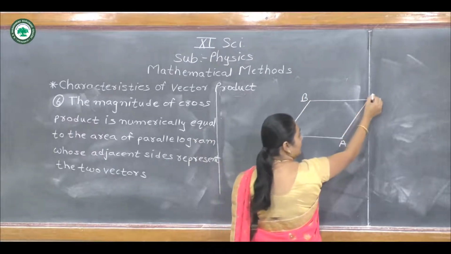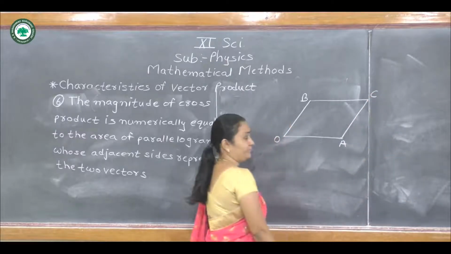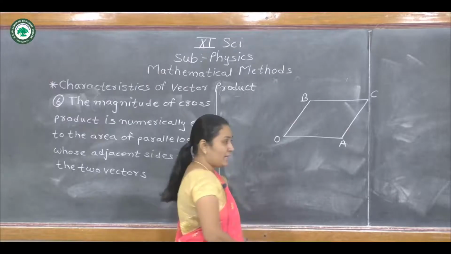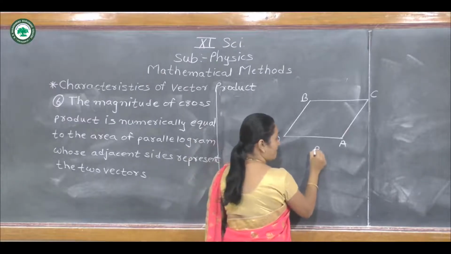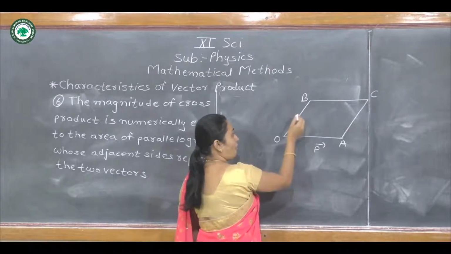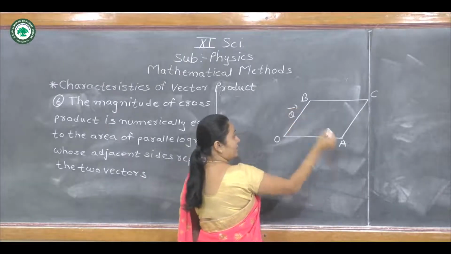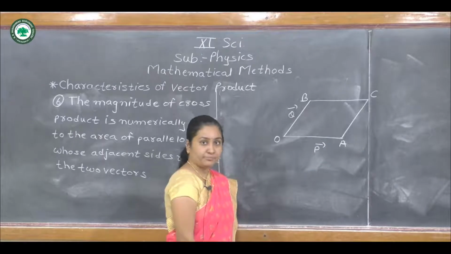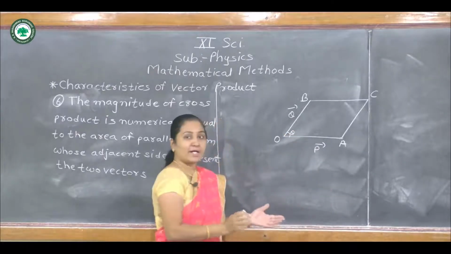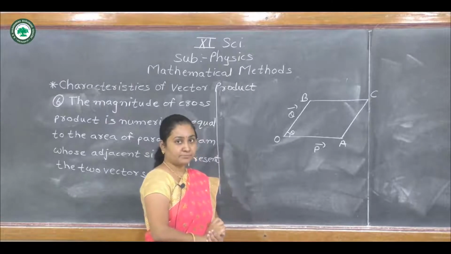And this point is C. Now this vector OA is nothing but vector P bar, vector OB is vector Q bar. The angle between two vectors is theta.